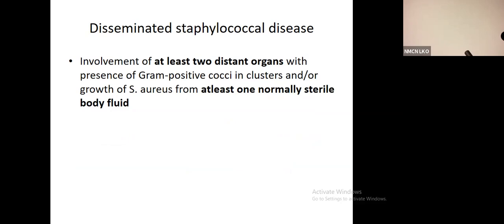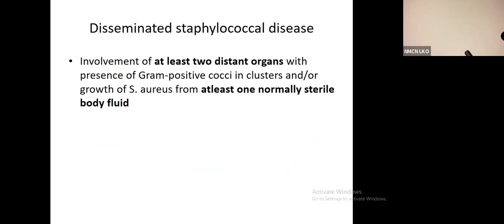Okay, this is a condition which every pediatrician knows about. I don't know how much of it is seen in adults, but it is involvement of at least 2 distant organs in the presence of gram-positive cocci in clusters, and or staph aureus isolated from at least 1 normally sterile body site. This is what we have seen a lot, and disseminated staph disease is quite risky, quite difficult, and not very easy to treat in certain patients.